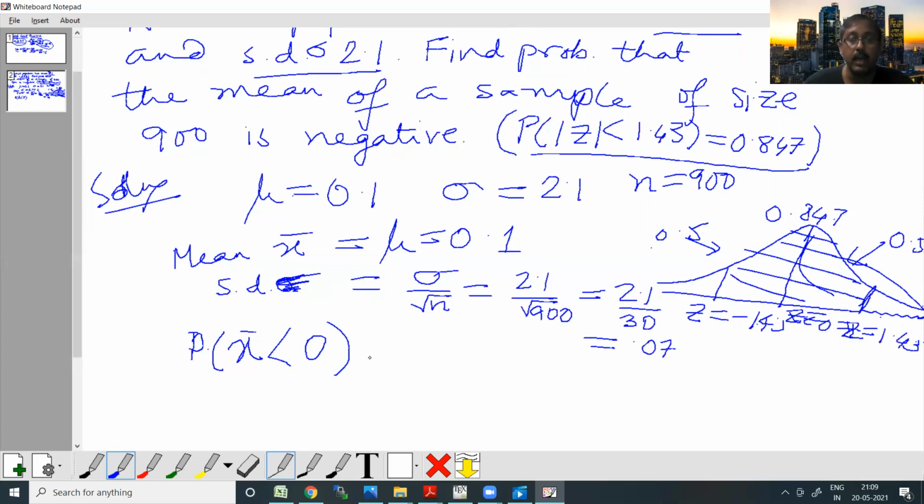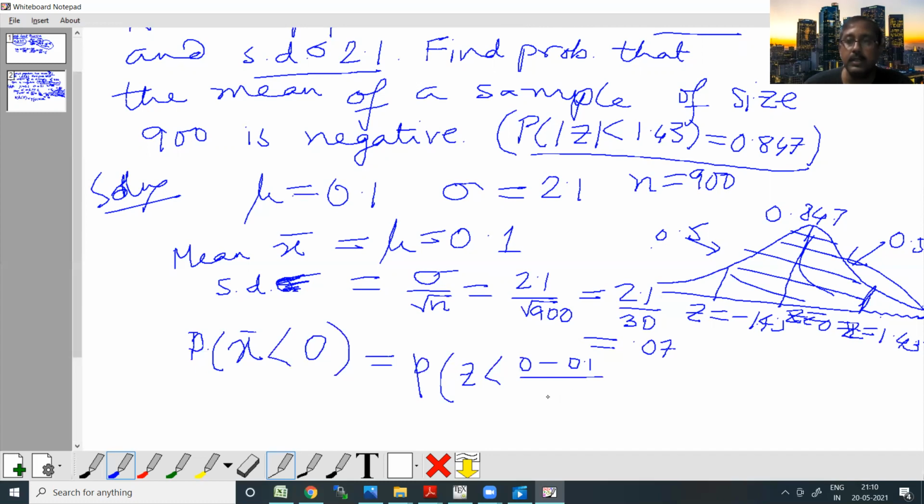That's a mean. Okay, so now if I convert this to a z variate, it is P of Z less than 0 minus the mean, 0.1, divided by the standard deviation.